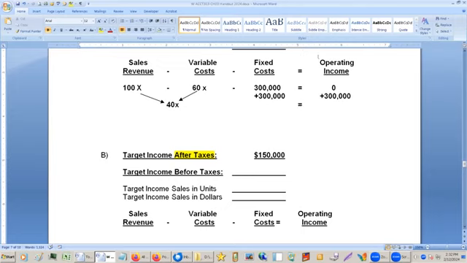So minus 300,000 plus 300,000 is zero. Plus 300,000. 0 plus 300,000 is 300,000.